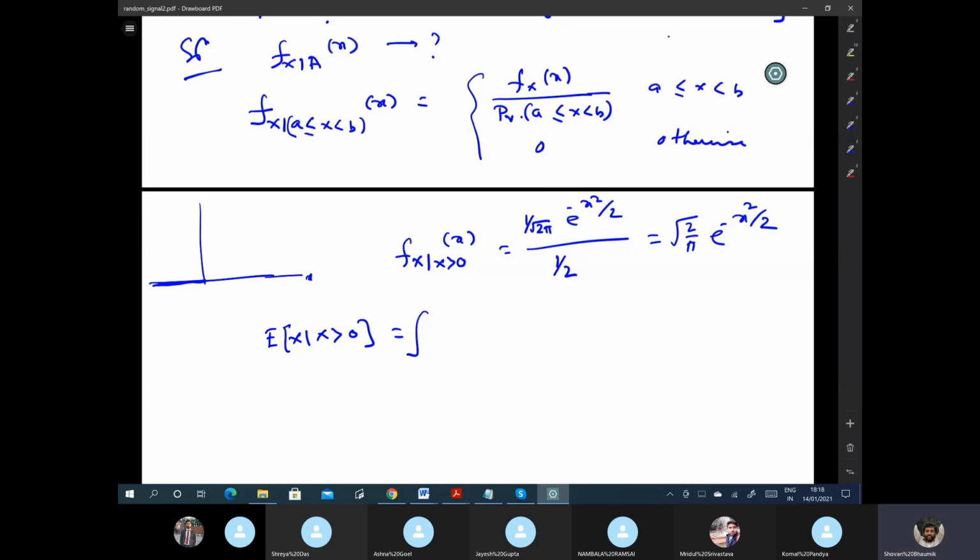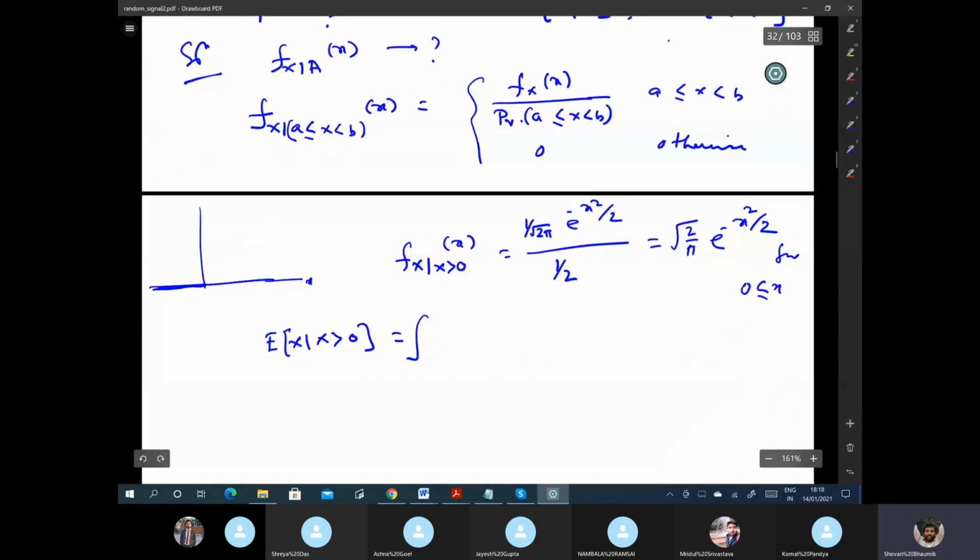This I should write, this is for x greater than 0, and otherwise equals 0. Okay, so if you want to do the integration, we have to do 0 to infinity, because from minus infinity to 0 it will be 0.